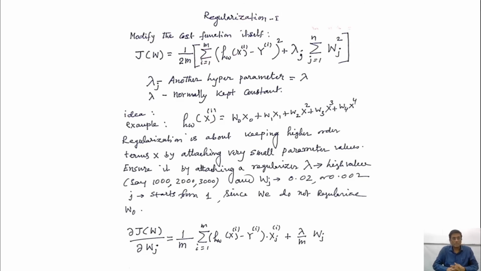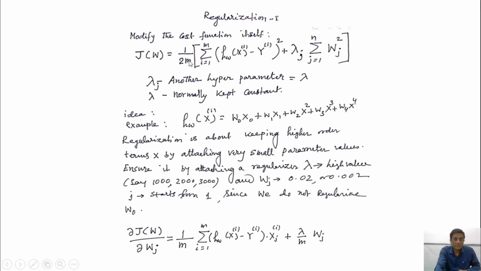This is a very, very important concept, and I will try to make you understand it with as much simplicity as possible. So this J(w) is our cost function, right? And the nature of the cost function was 1 by 2m summation of i equals 1 to m samples, h w of x i, the sample, minus y i, the label, squared.